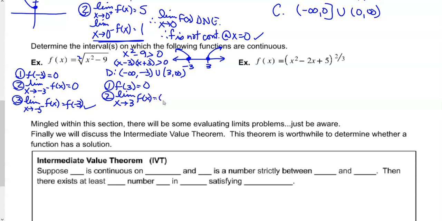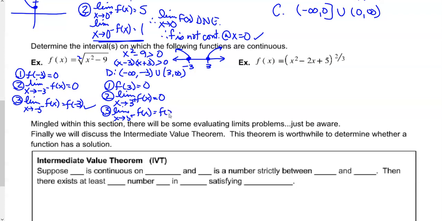As well, because when I plug in from the right, let's say, I need to put a position on there from the right. So if I end up plugging 3 into here, squared minus 9 gives me 0, I get a valid number. Therefore, the limit as x approaches 3 from the right of f of x equals f of 3. And again, that allows me to say that that endpoint does have continuity at x equaling 3.